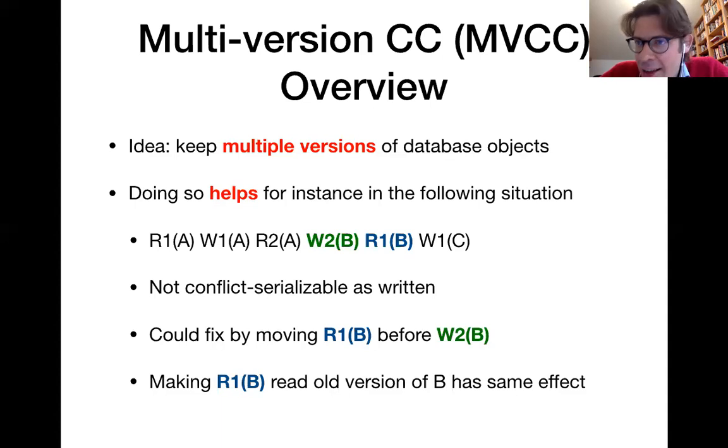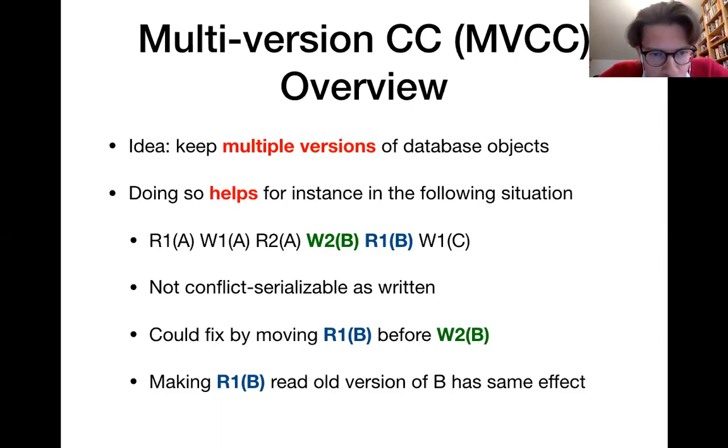As the name suggests, the main idea is that instead of one version of an object, we keep multiple versions of an object that are associated with timestamps. To see why that can be helpful, we have a little example over here. The schedule marked in the third line is non-conflict serializable.